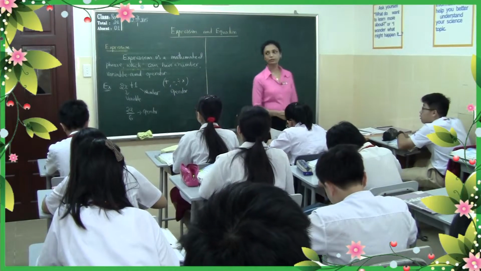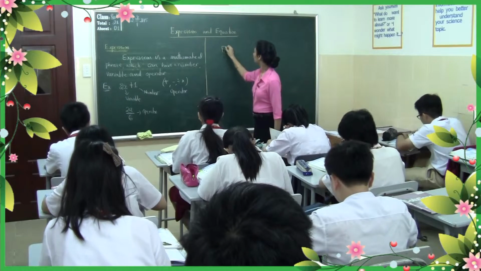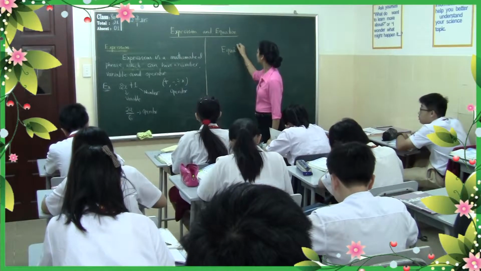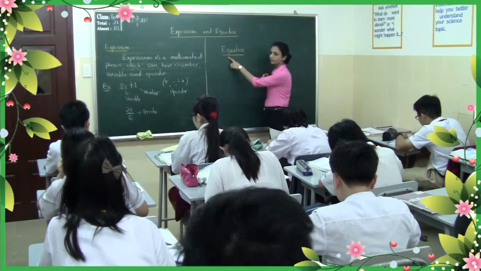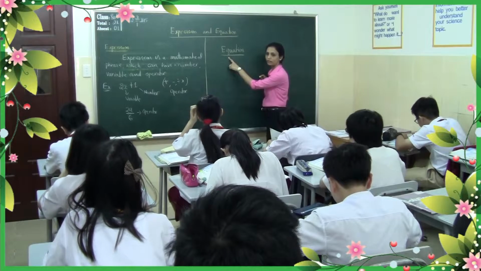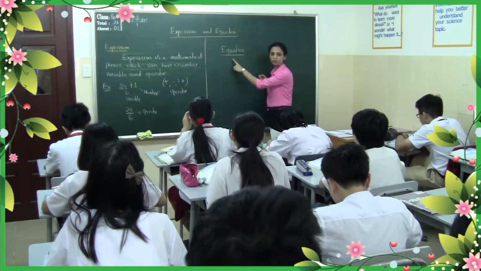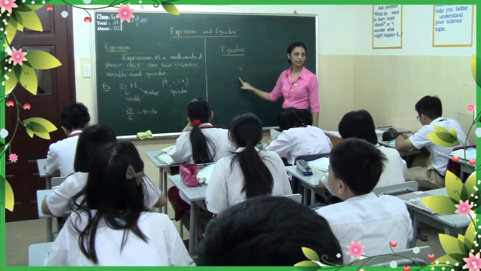Now here is an equation. What is this equation here? First of all, tell me, where has this word come from? Equation comes from the word equal. Yes, it comes from the word equal. It should have this sign. Equal sign.